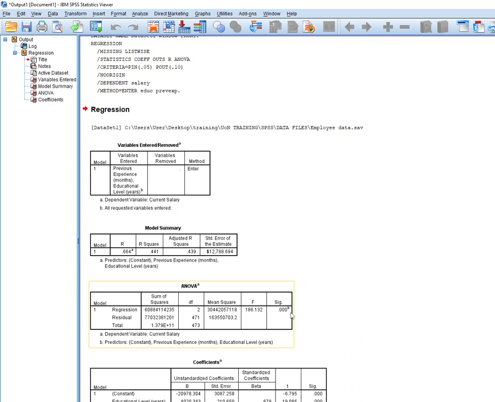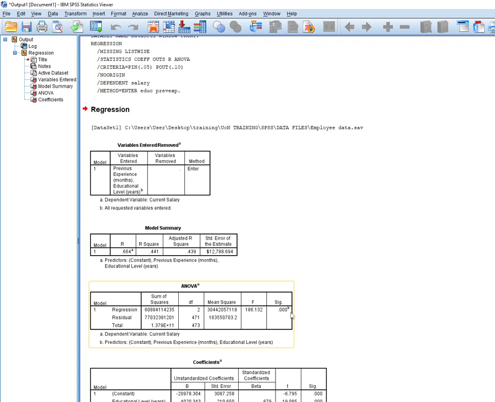What does that mean? If I was formulating a hypothesis, my null would be the model is not fit for prediction, and the alternative would be the model is fit for prediction. Now that I'm getting 0.00, I will reject the null. The model has overall predictive power. That means it is significant at the 95% confidence level.